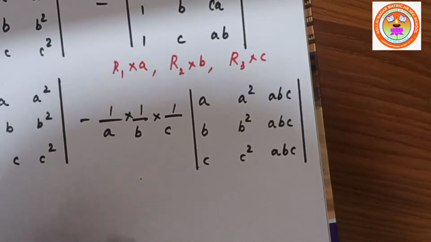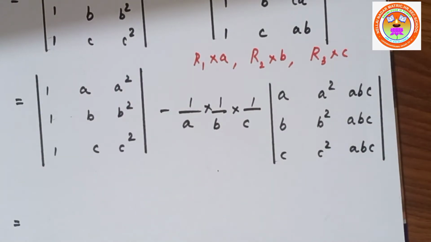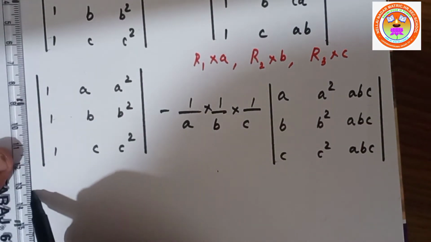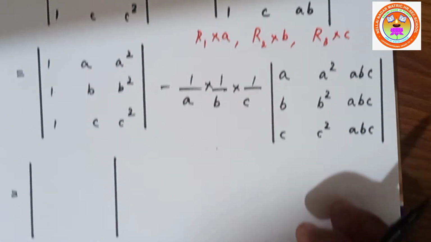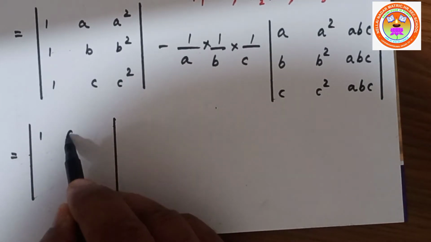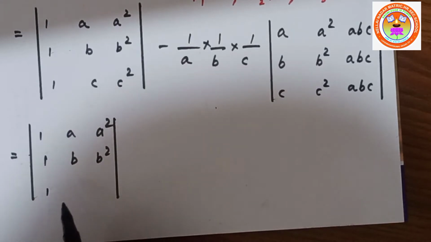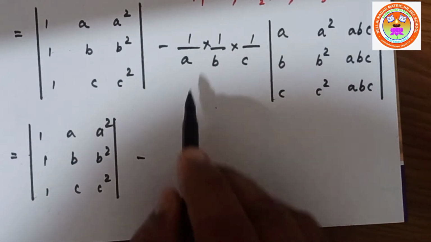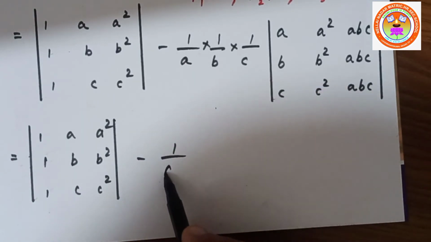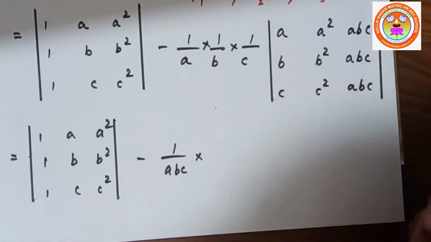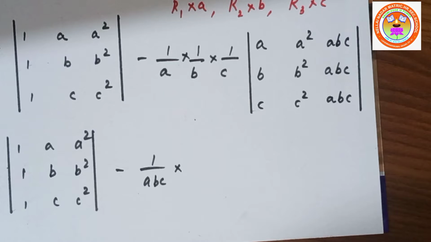So once again write the first determinant as it is, no change at all. So write the determinant. What is given here? 1 A squared, 1 B squared, 1 C squared minus 1 into 1 into 1, that is 1, divided by A into B into C, that is ABC, into, look at the last column of the second determinant, ABC, ABC, ABC.